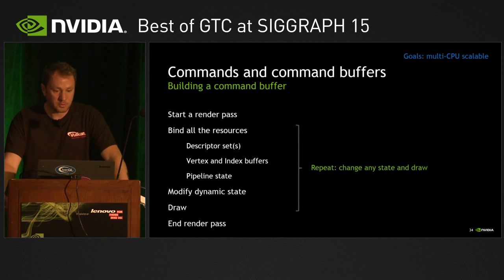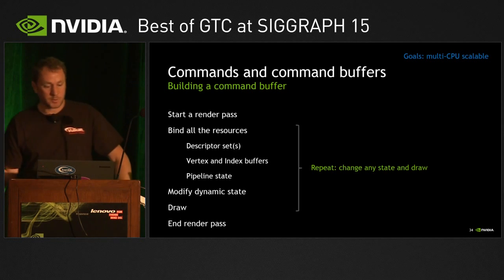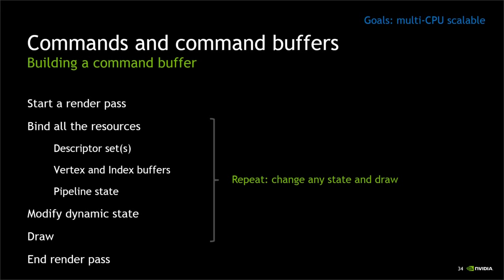So here's an example of recording a command buffer. The first thing we do when we record a buffer is start a render pass. We bind all our resources, so there's lots of binding calls going on. We modify dynamic state, and then we draw. And all the parts between start render pass and end render pass, you call those as much as you like in order to render the scene that you want.